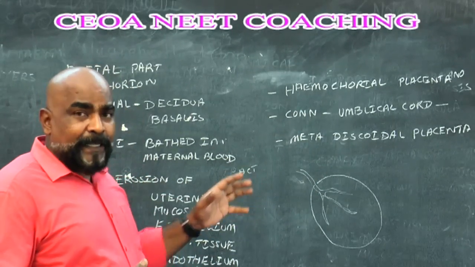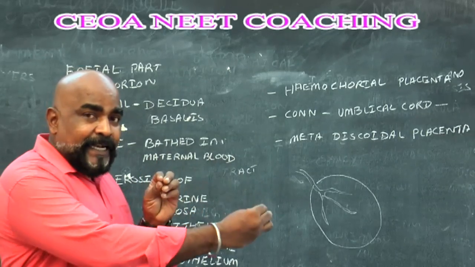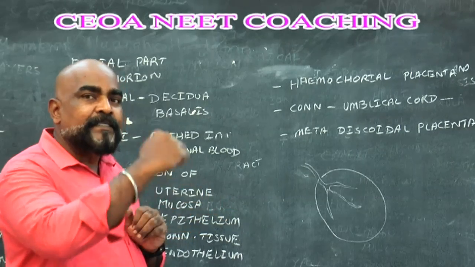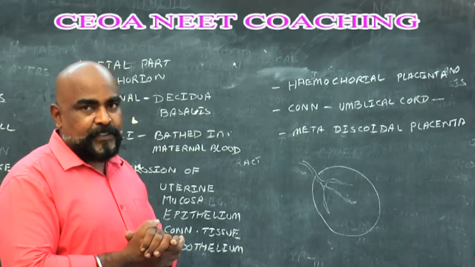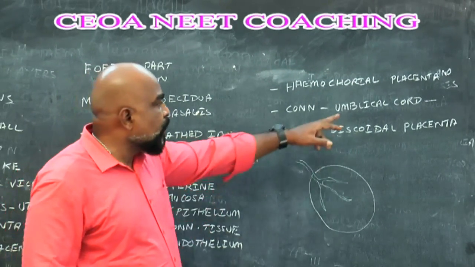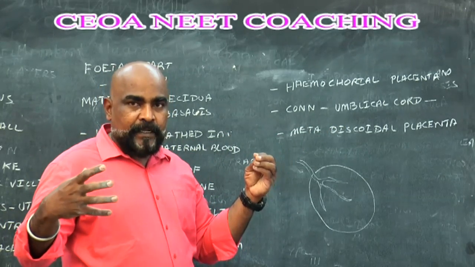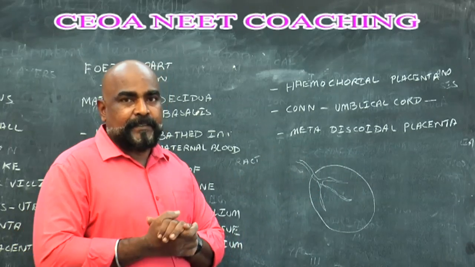The placenta is connected with the umbilical cord, and the umbilical cord acts as a connecting bridge between the placenta and the mother.